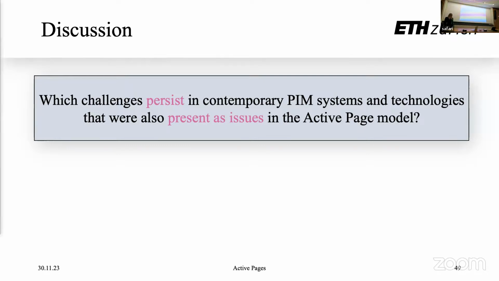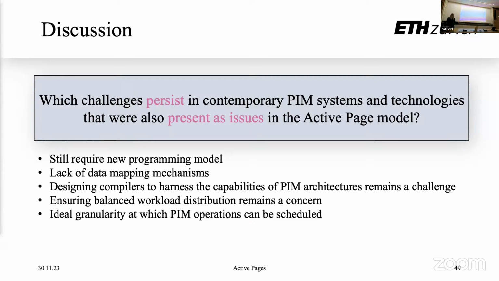So I think there are a lot of issues still not addressed. I won't go into detail into all of them, but for example, we said that the active page model requires a new programming model.